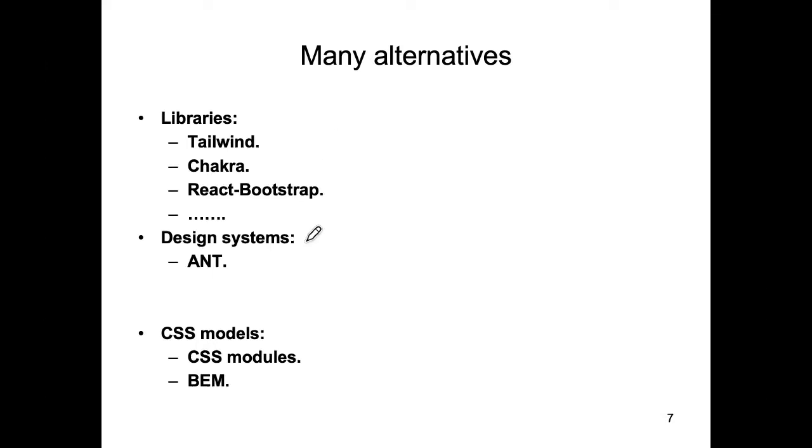There are alternatives to material design. There is an approach called the Ant design system, which is also extremely popular. And as I've already said, there are alternatives to using CSS and JS. There's something called CSS modules, and there's the BEM approach. So there's lots of choice out there, but we are just going down the MaterialUI approach in this module.